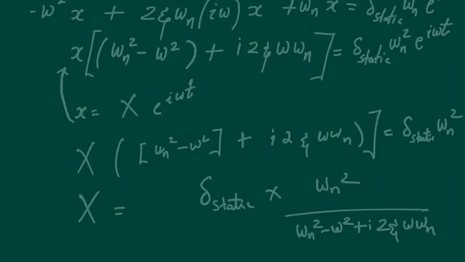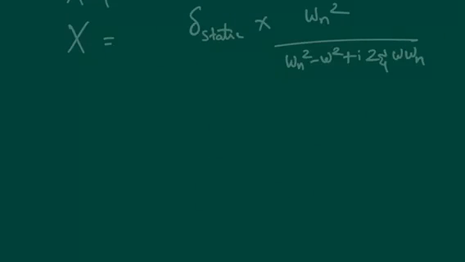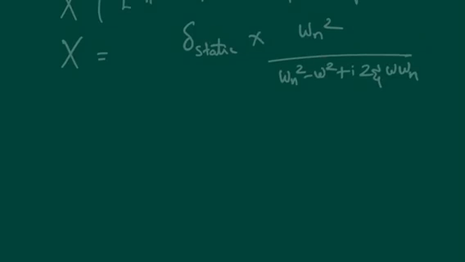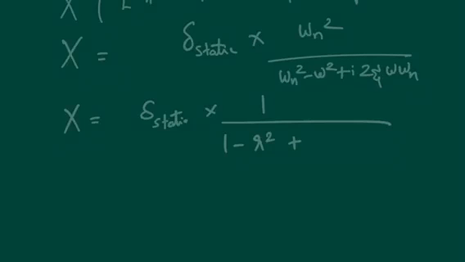From a simple mathematical manipulation, like dividing the whole numerator and denominator by omega n square, we can further simplify the equation. So now X can be written as X is equal to my delta static times 1 divided by (1 minus r square plus i 2 zeta r), where r is my frequency ratio.